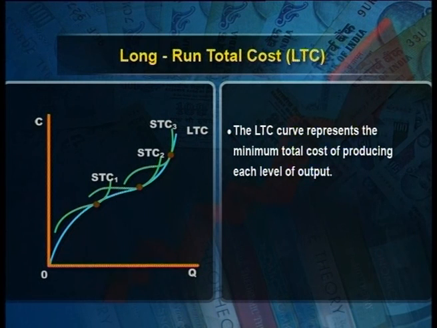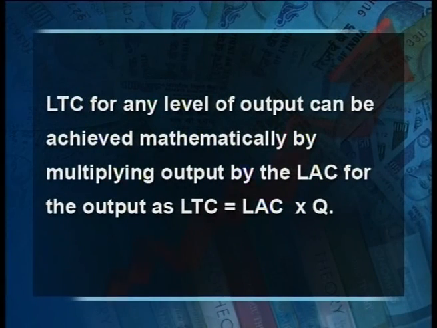Let us now understand long run total cost. Long run total cost represents minimum total cost of producing each level of output. In the short form, LTC for any level of output can be achieved mathematically by multiplying output by the long run average cost.